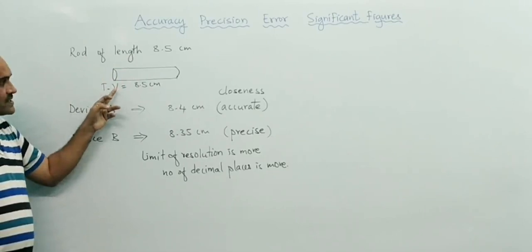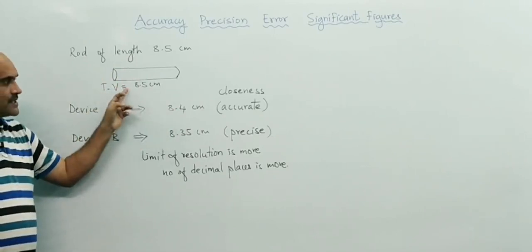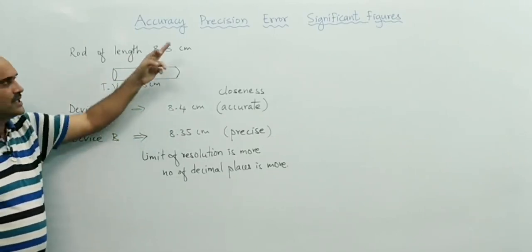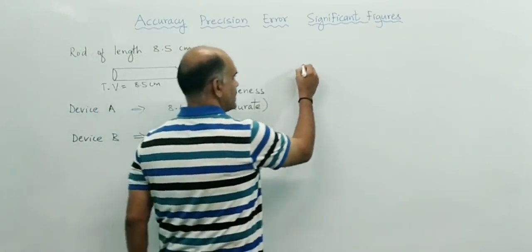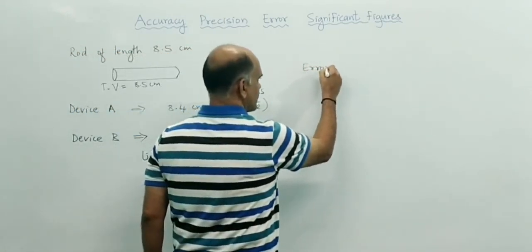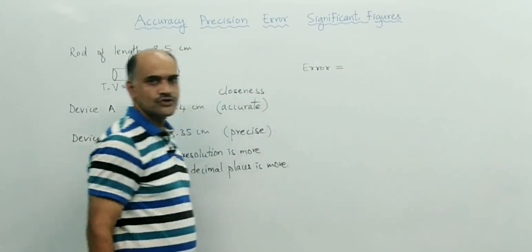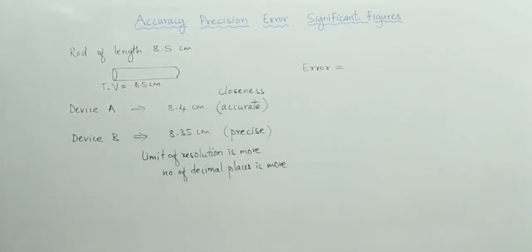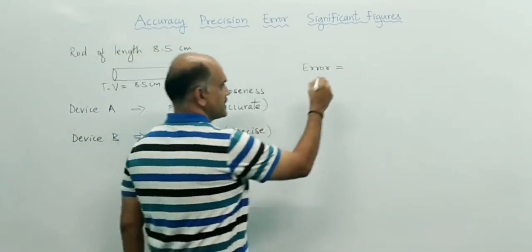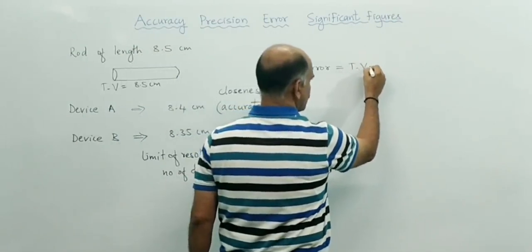Now the difference between a true value and a measured value is called error. So error is the difference between true value and measured value.